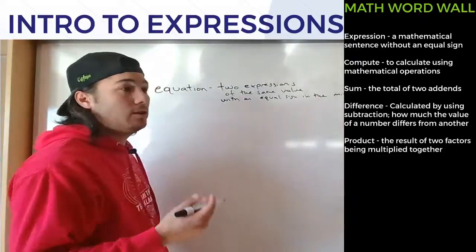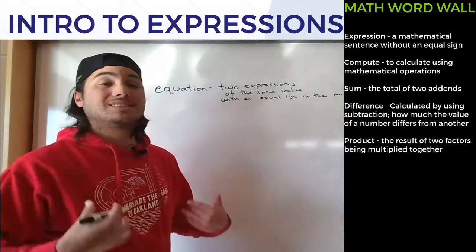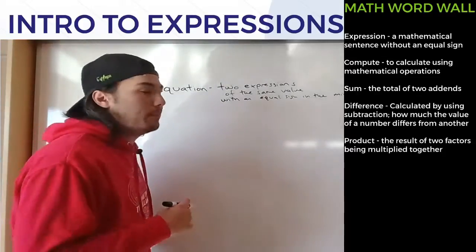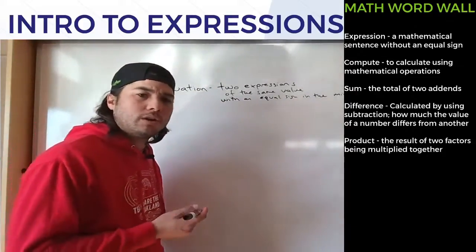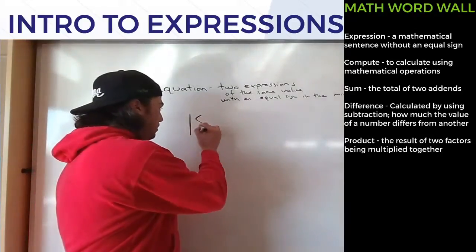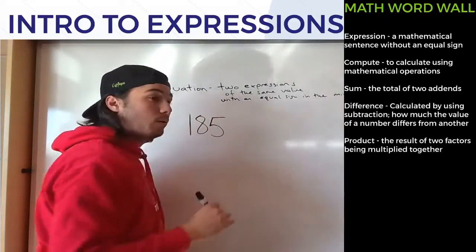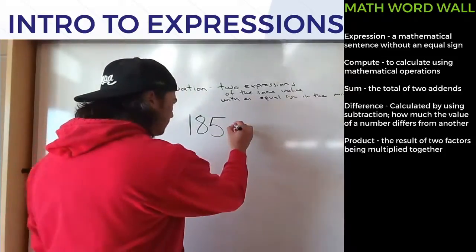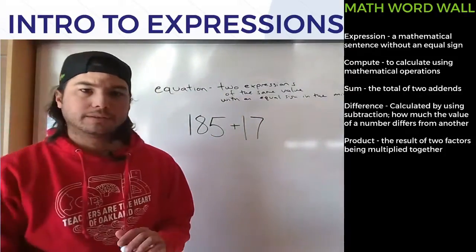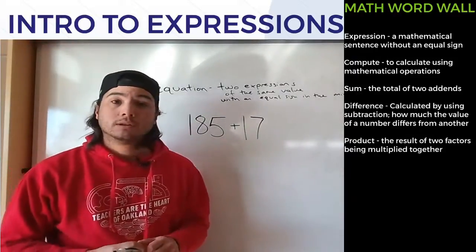I don't need to know what the most simple form of that expression is, which is kind of just a number. But the sum of 185 plus 17, how are we going to write that? 185, we know with a sum we're talking about addition, plus 17. Okay, that's our expression for that.